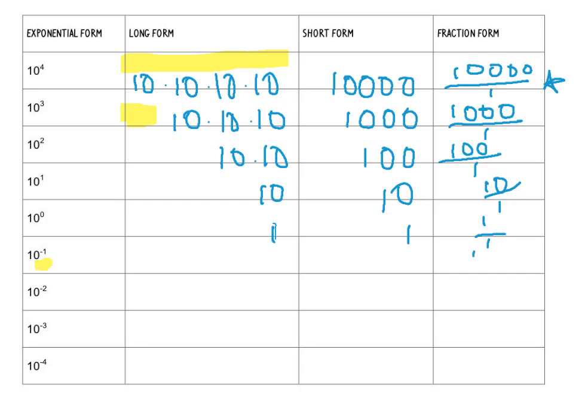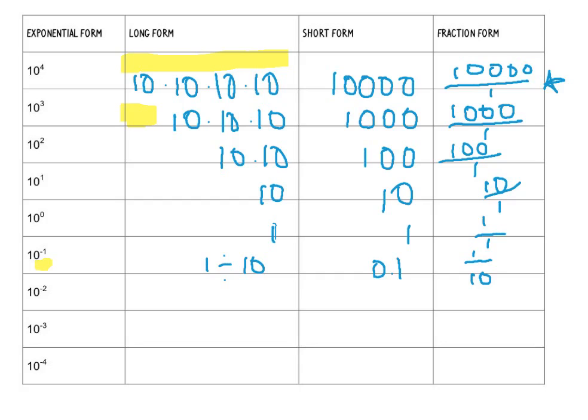We're going to start with 1 over 10. That negative exponent puts the 10 in the denominator. So if we have 1 over 10, we know from the last unit that's simply 0.1. And again, the long form would be 1 divided by 10.